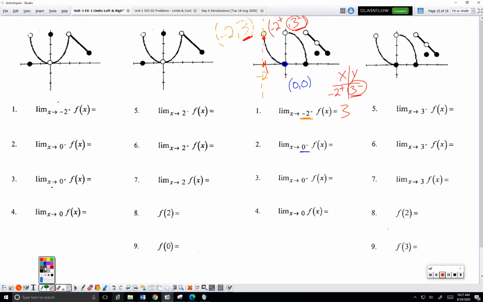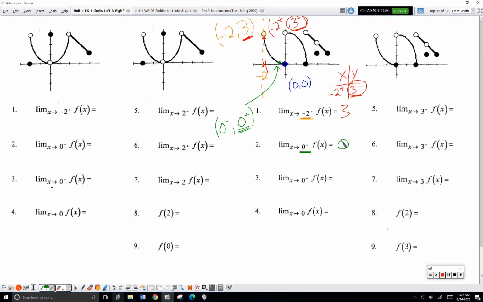So that's right here. That dot, that green dot, is going to have an x-coordinate of just a little bit negative of 0, and a y-coordinate just a little bit positive of 0. Therefore, as x gets really close to 0, but slightly negative, the y value is going to get very, very close to equaling 0.